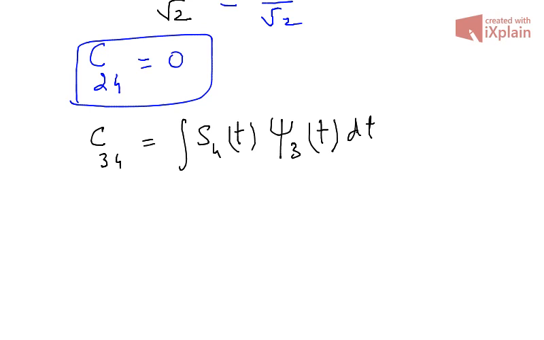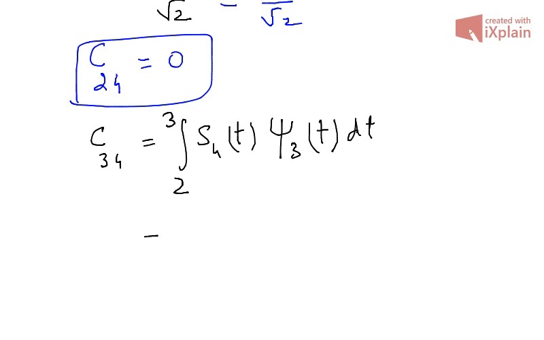So now once again, psi 3 of t only exists between 2 to 3, as we have seen above, and it is unity. So the limit of integration would be from 2 to 3 only, right?